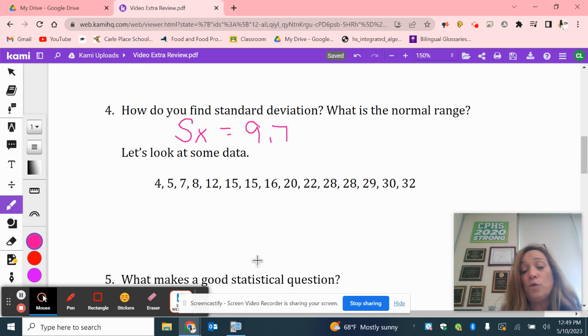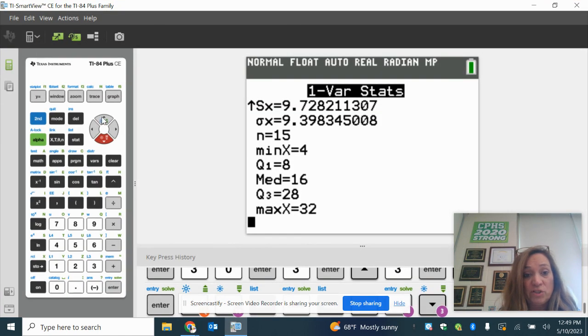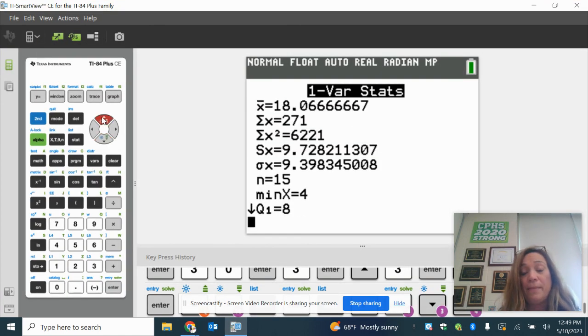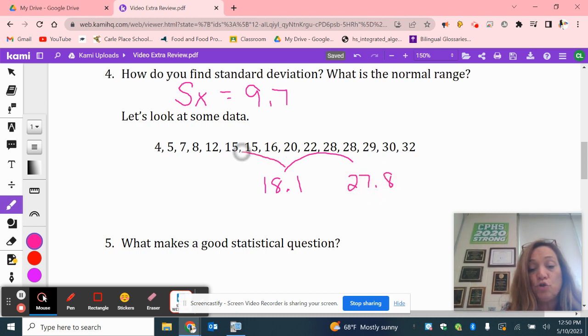Now, the normal range is that middle 68%. So you want to take the mean, which I have to find. That would round to 18.1. Let me just double check because I said 8. Okay, 18.1. And you're going to add the 9.7, and you're going to subtract the 9.7.